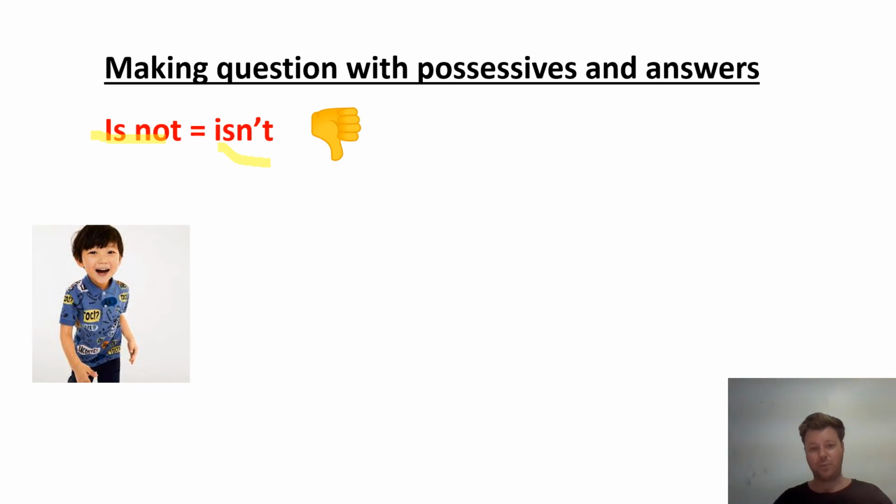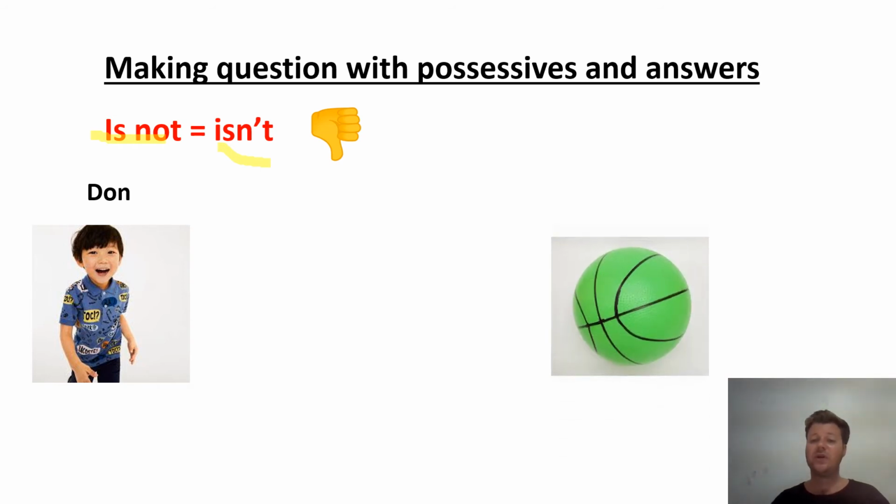So we can see a boy in this picture. What is the boy's name? The boy's name is Don. Very good. Now let's look at the object. What object can you see? A ball. Very good. And I want you to look and remember, what color is the ball? Okay.